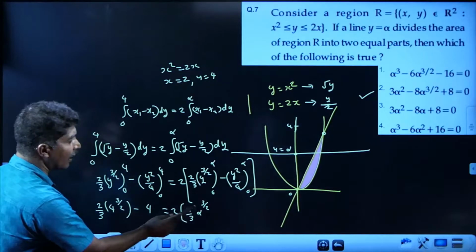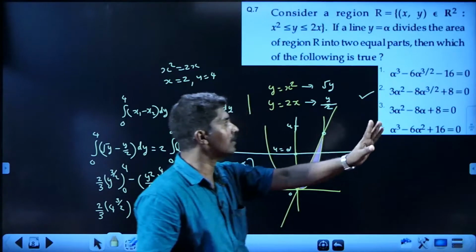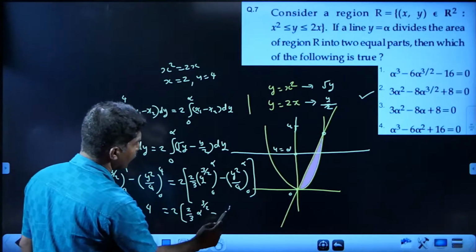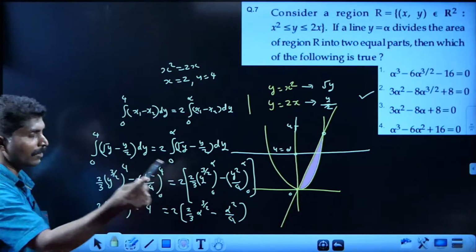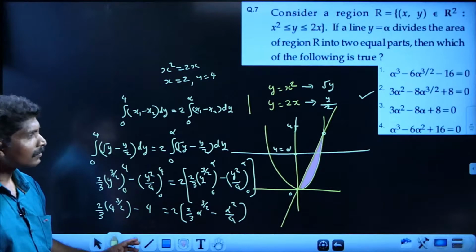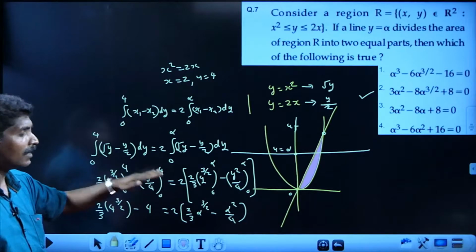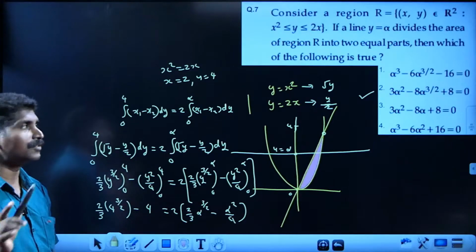You are seeing alpha raised to 3 by 2, so either 1 or 2 will be the answer, 3 and 4 cannot be, minus alpha square by 4. Now we can multiply by 3 and 4, then the remaining part will be very easy for you. It is an average question, but it contains a lot of steps, so it is time consuming also.